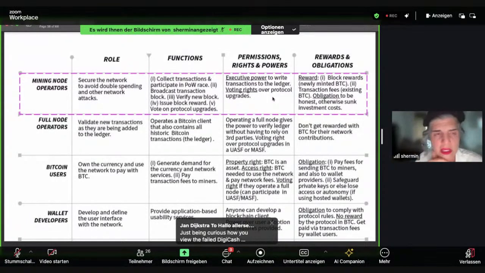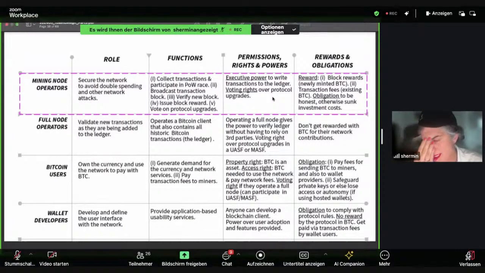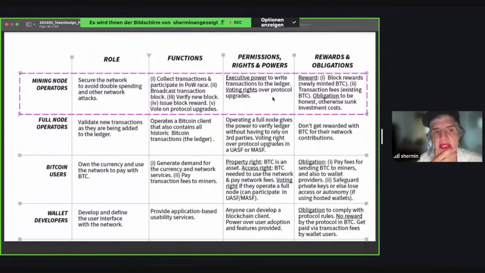Yes. So maybe a bit more in detail, because looking at the stakeholders, as you know, is very important. We need to understand their role, their functions, and based on their functions, they would have certain permissions, rights, or powers in the system.